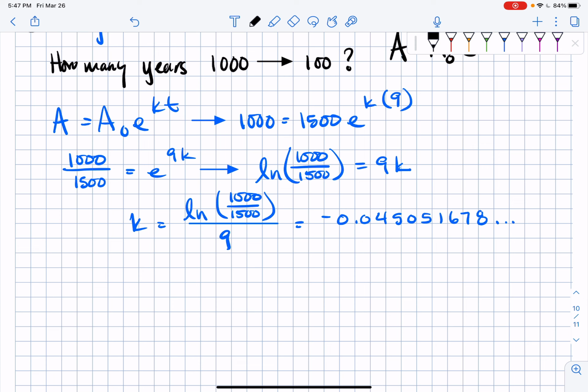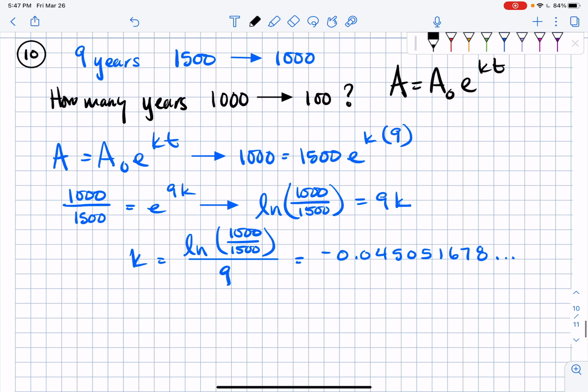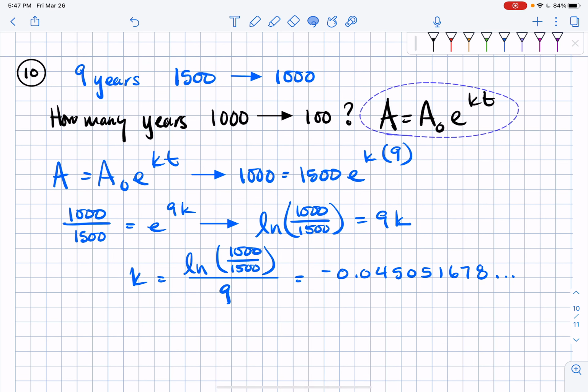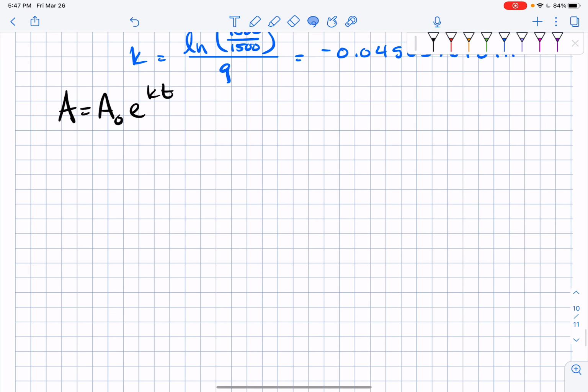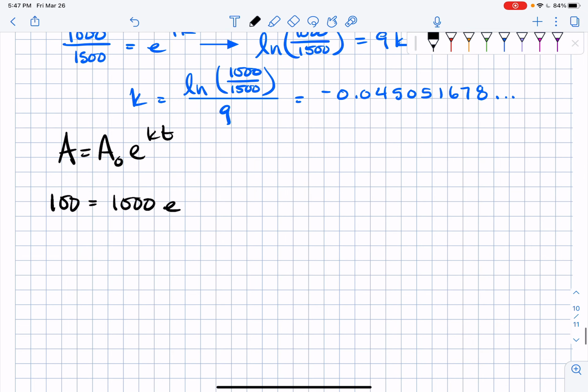Now I can go to the second part. It says how many years going from 1,000 to 100. So I've got my final amount and my initial amount. So again, I'm going to use this formula right here. My final is 100, my initial is 1,000, e to the negative 0.045051678 times t.